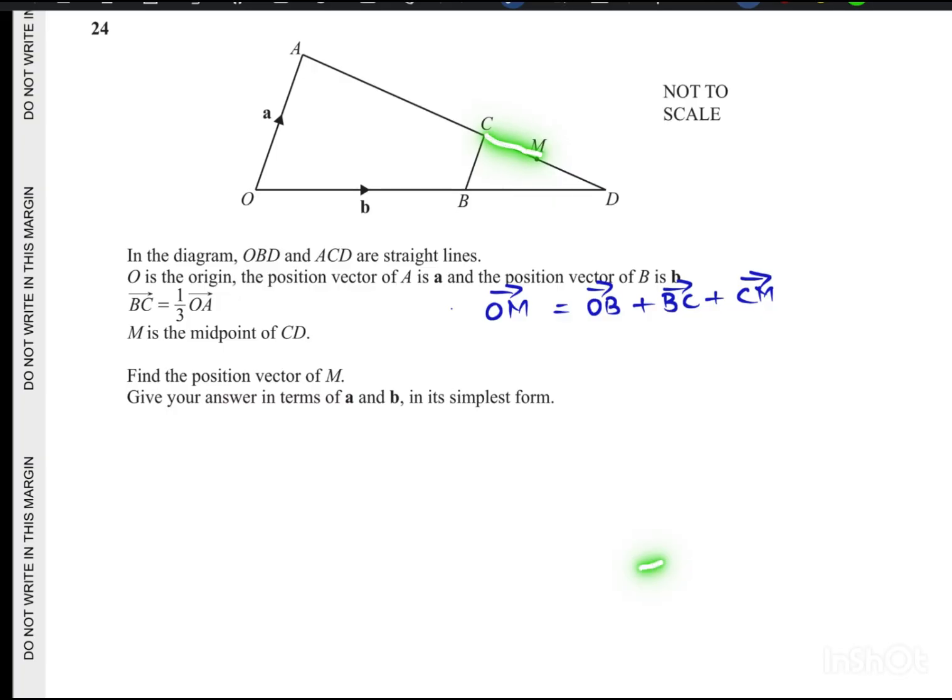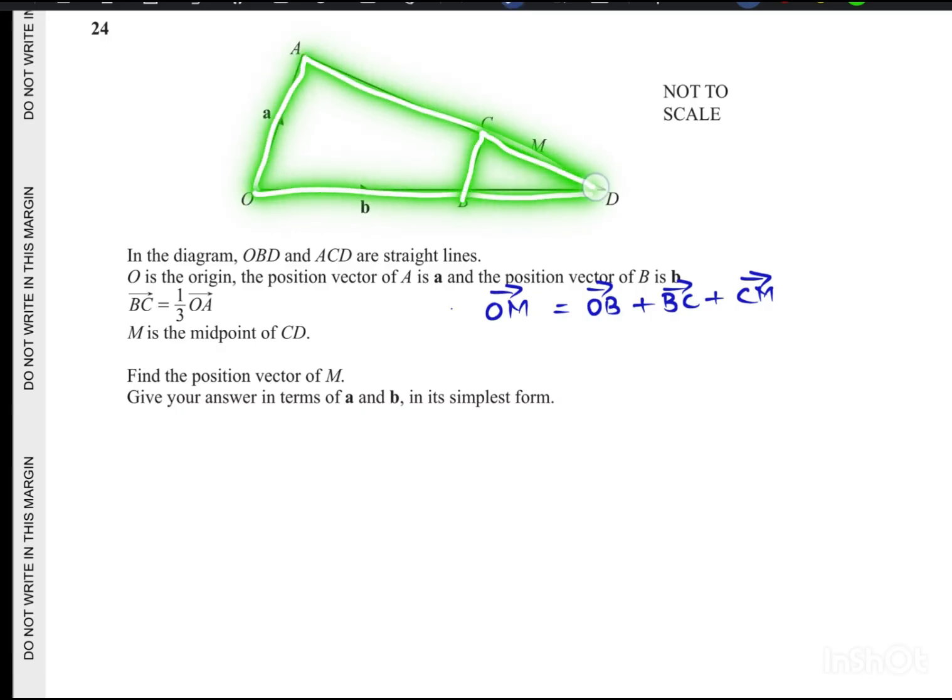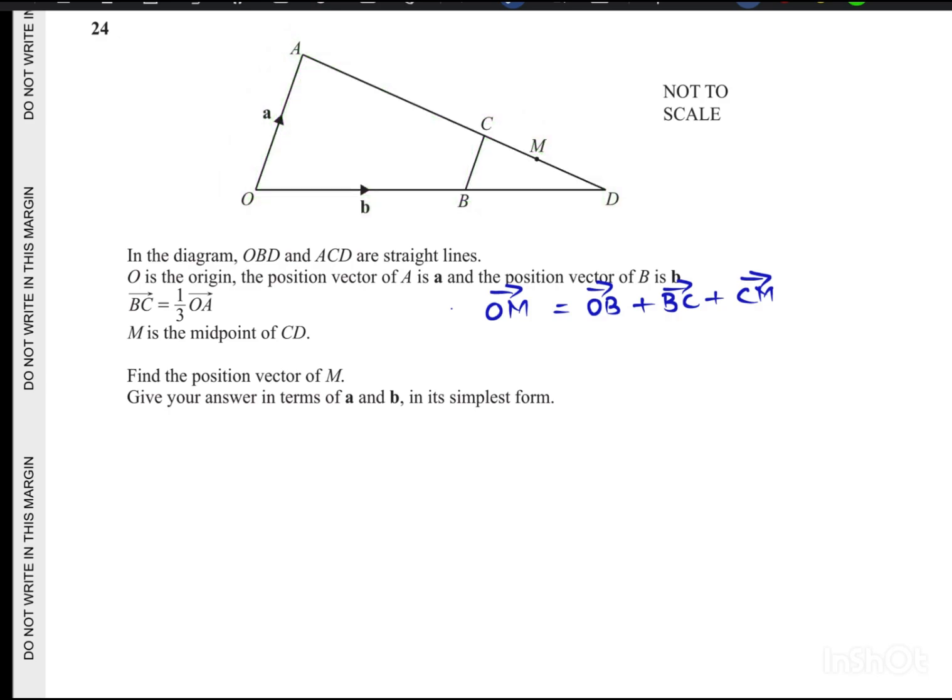So, to find CM, first we need to take the triangles OAD and BCD. Because BC is parallel to OA, you can say that the ratio of the corresponding sides will be equal.